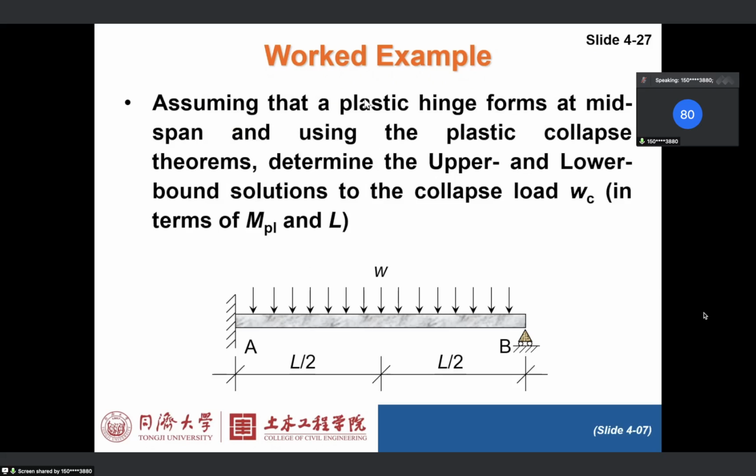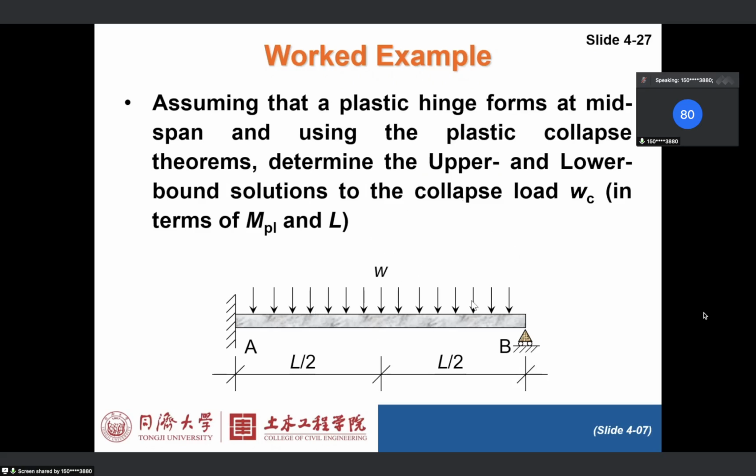But anyway, let's assume that a plastic hinge forms at mid-span, and we use the theorems to determine the upper and lower bound solutions to the collapse load WC. Previously we said PC because it was a point load, a concentrated load.